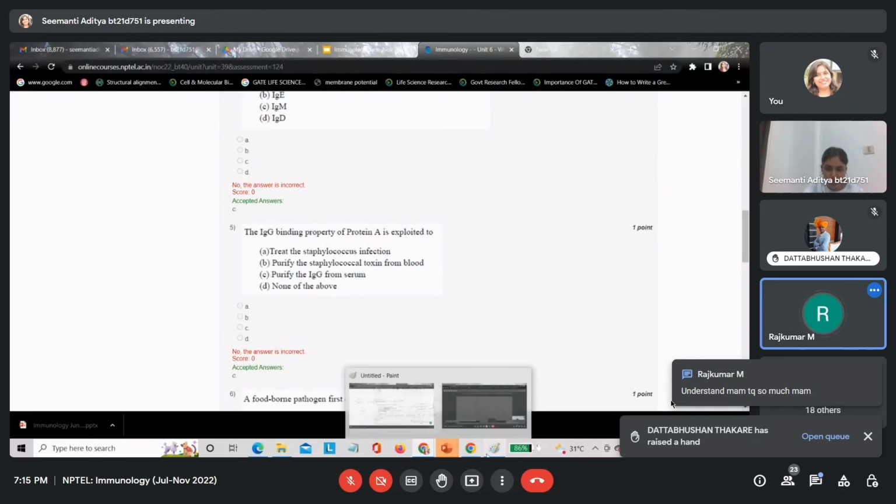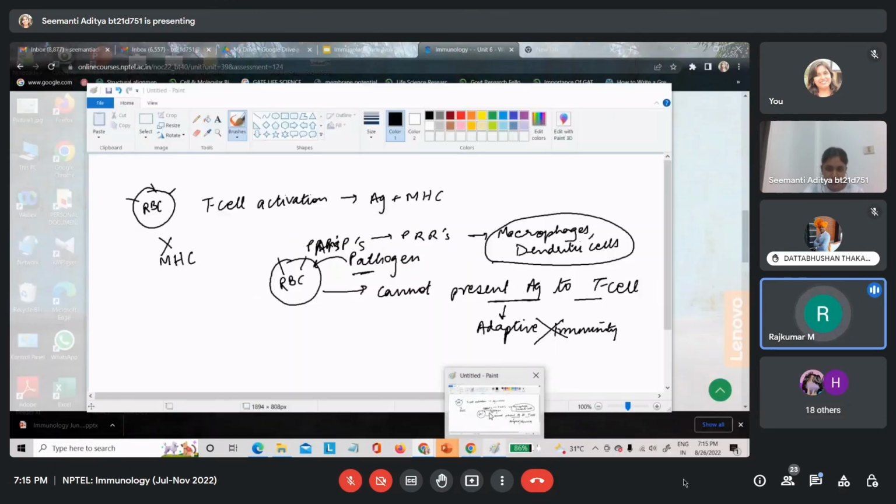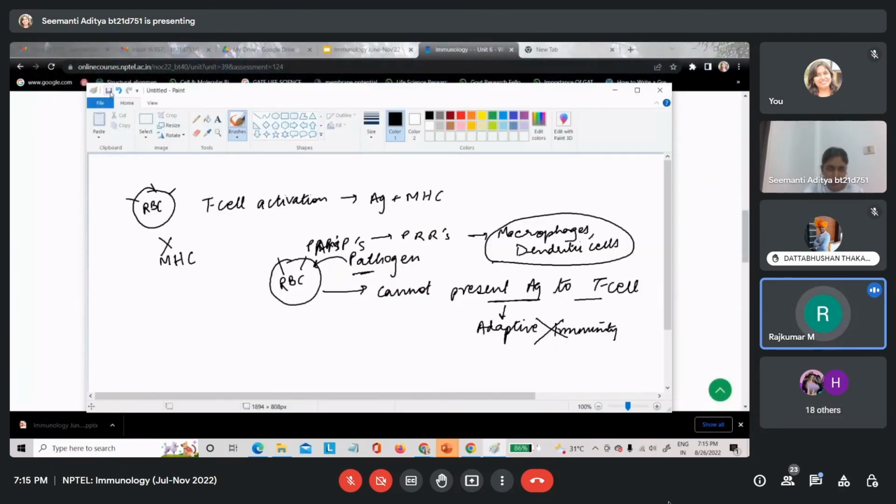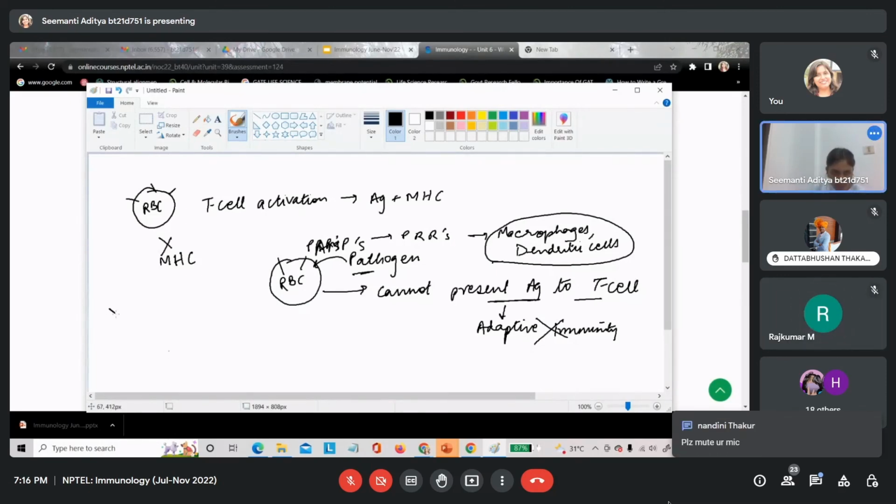So what happens is, the Fc region of your antibody, suppose this is an IgG molecule, and it has an Fc region.